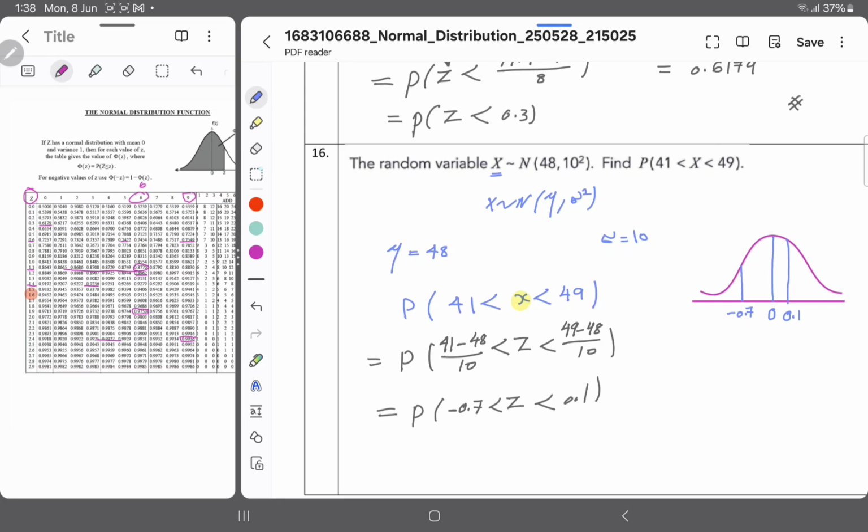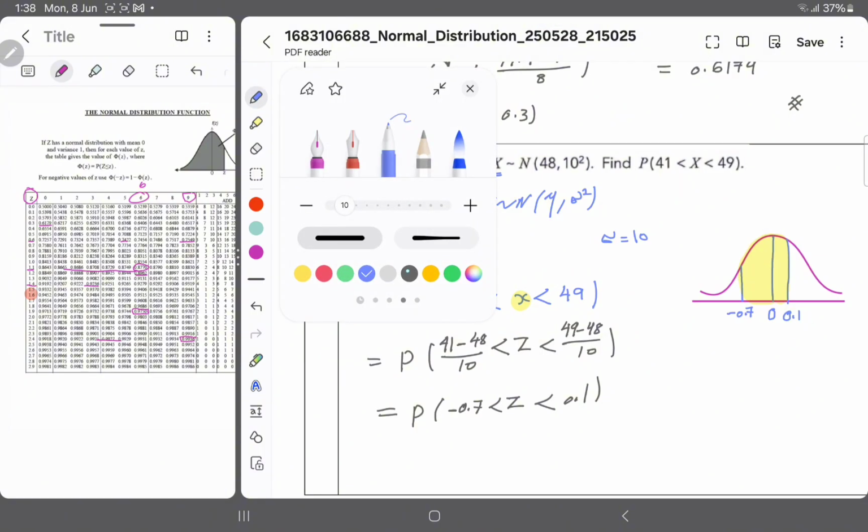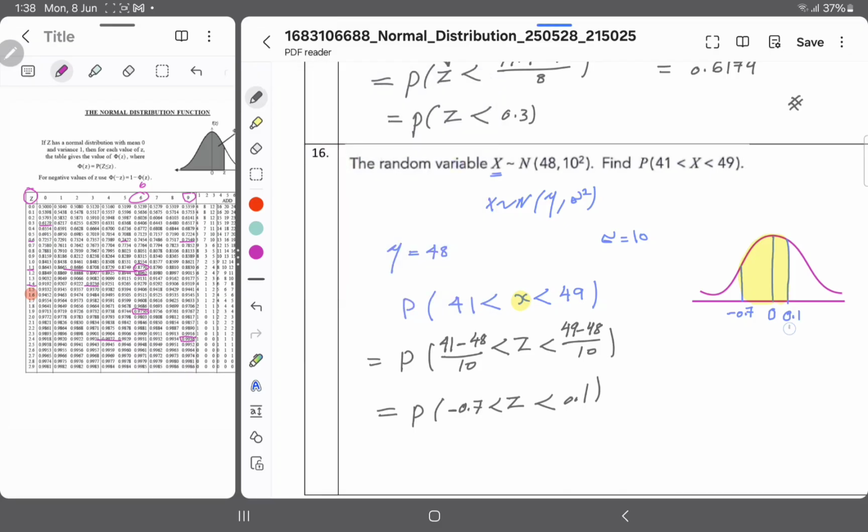We just want to state the area included between the two values. As we know, if you have area between two values, we just do that: area below 0.1 minus area below negative 0.7. So it will be the probability of z below 0.1 minus the probability of z below negative 0.7.